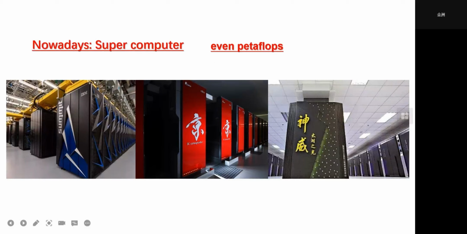All of these three computers have won the top 500, the winner of the top 500 supercomputers of the whole world. All of these three have been the first one.